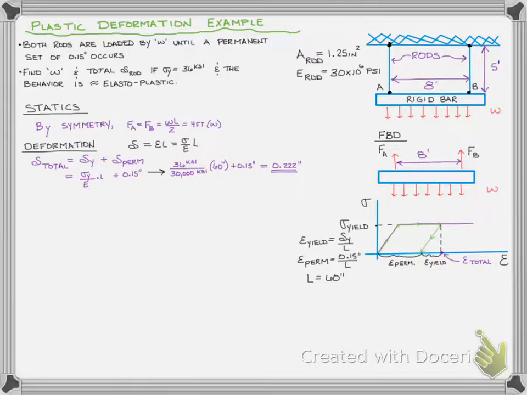But that doesn't tell us what our W load is going to be. To find W, if we know the force in the member and we know a stress, can't we use our P over A equation? Well, remember, we do know the stress because we yielded, and that's so critical. We know the force in the member.